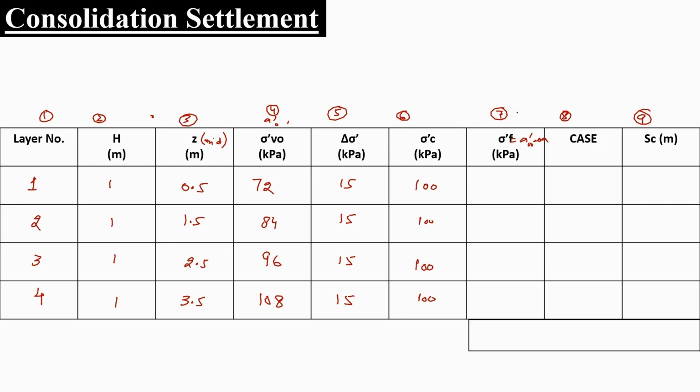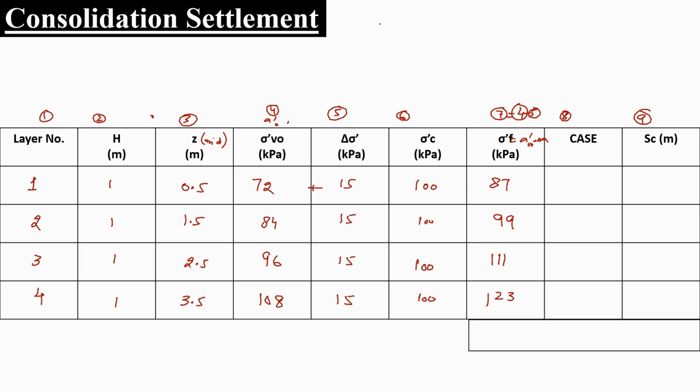To get column number 7, you have to add column number 4 and column number 5. Just add these both values. 72 plus 15, this is 87. Then 84 plus 15, this is 99. 96 plus 15, this is 111. This will be 123. So we have 4 values of final stress.